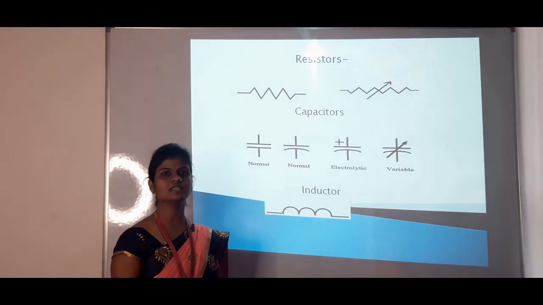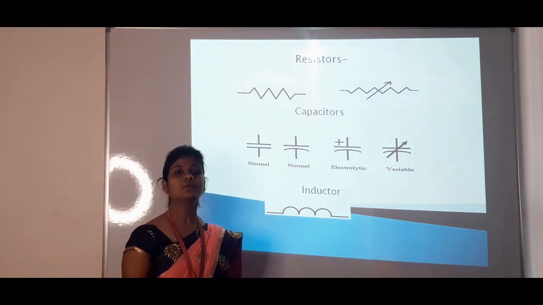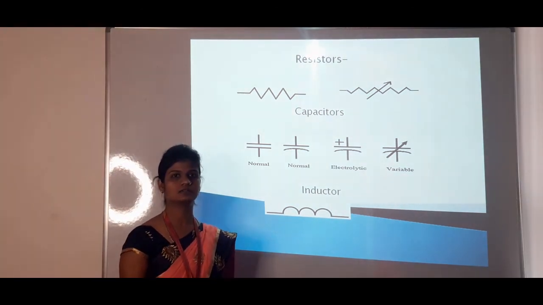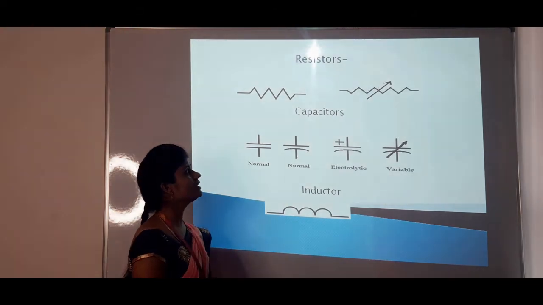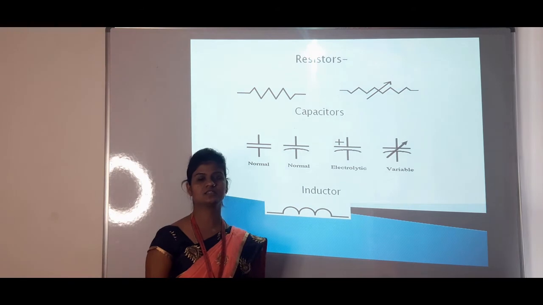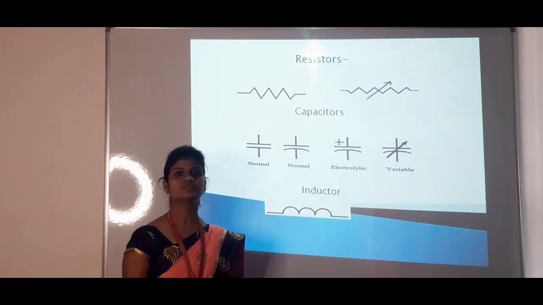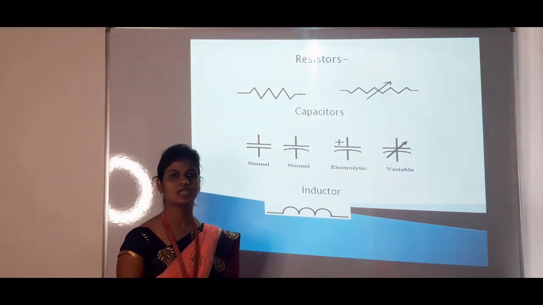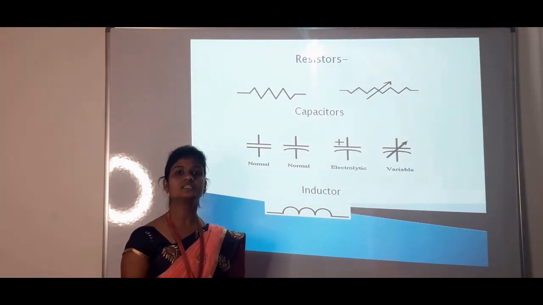Resistors can be used in the circuit to oppose the flow of current. These can be divided into two categories. First one is the linear resistor and the second one is the non-linear resistor. In case of a linear resistor, the current is directly proportional to the applied voltage.